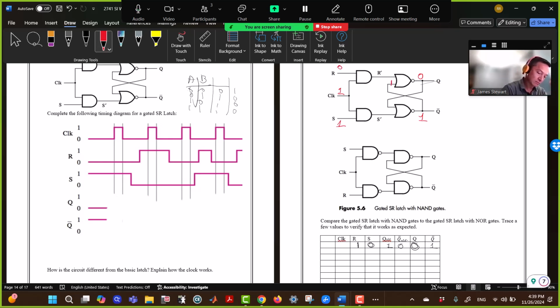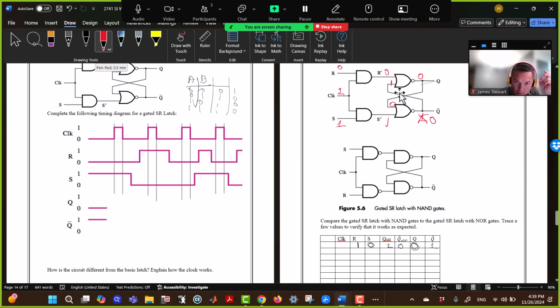So I have a 1 sitting there and a 0 sitting there. The AND of 1 and 1 is 1. The AND of 1 and 0 is 0. The NOR of 0 and 1 is 0. The NOR of 0 and 1 is also 0.